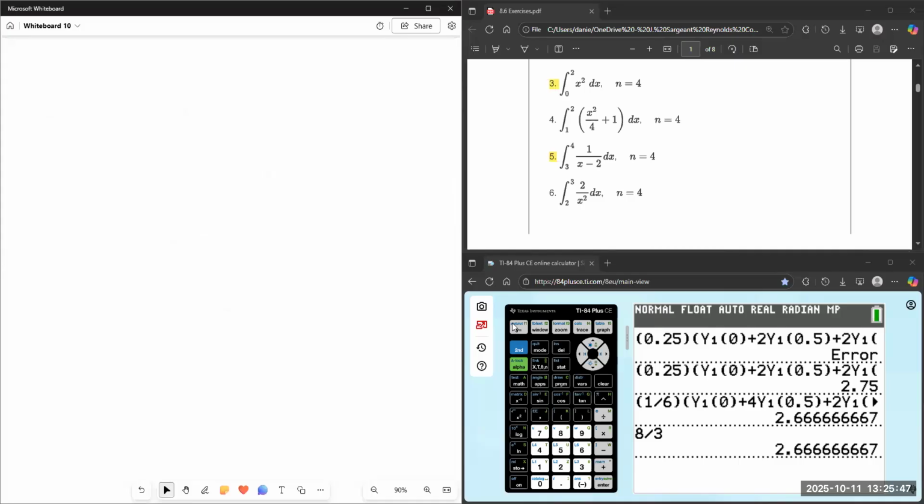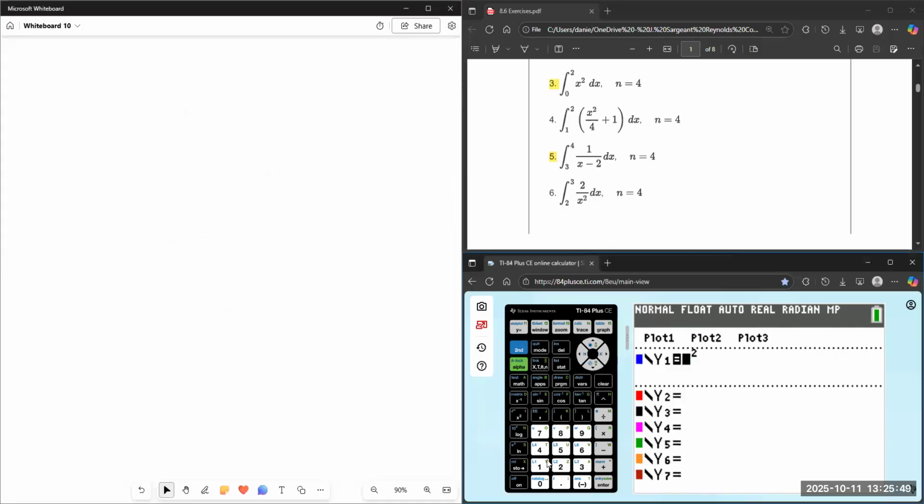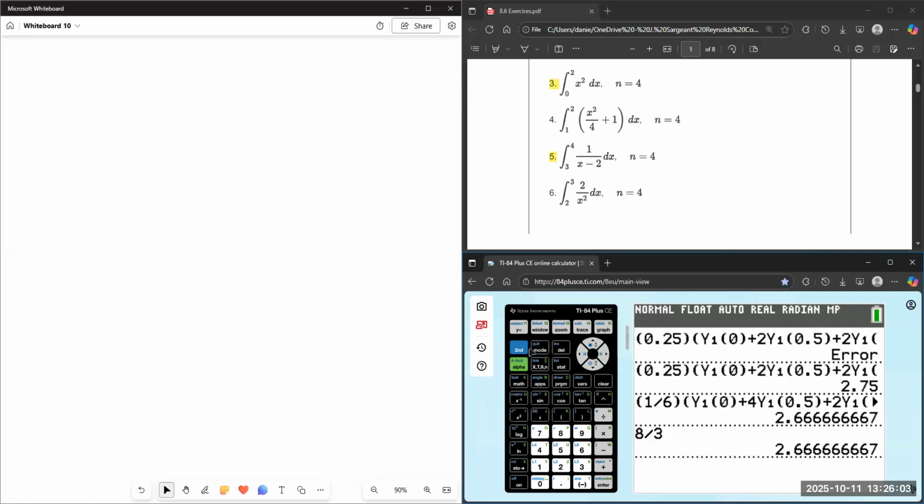Let's put our function in here. This is the one that I had in there just a second ago. 1 over x minus 2. So delta x is (4 minus 3) over 4, which is 1/4.